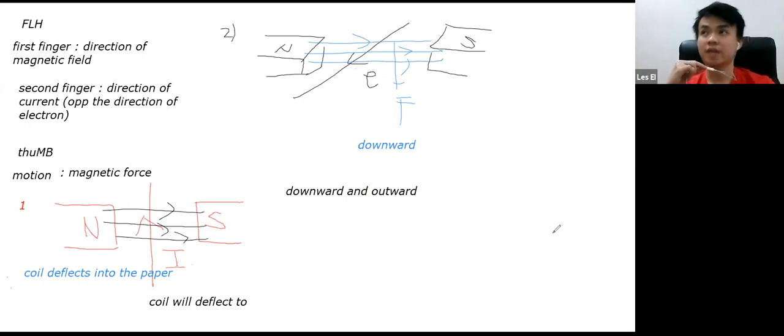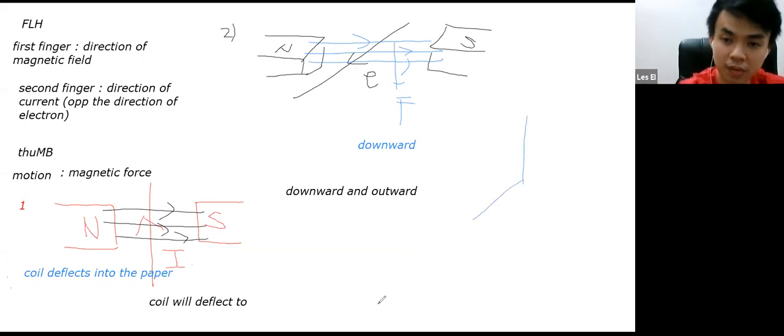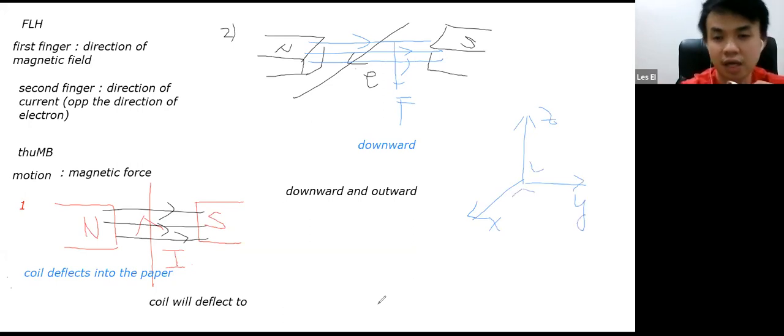If you read it carefully, I wrote: when a moving charge cuts through a magnetic field perpendicularly, the moving charge will experience a magnetic force in a direction perpendicular to the magnetic field and also to the direction of the moving charge, right? You understand 3D in mathematics? Your Z, your X, and your Y are all perpendicular to each other, isn't it?